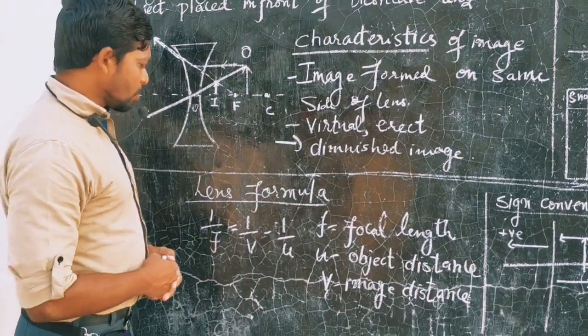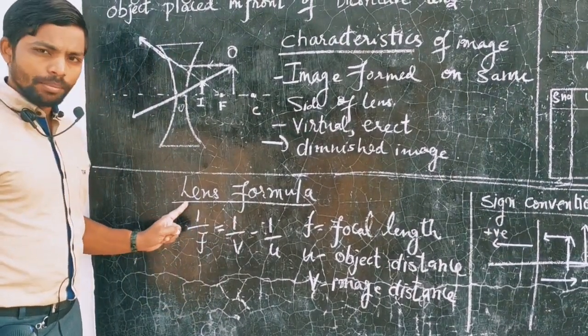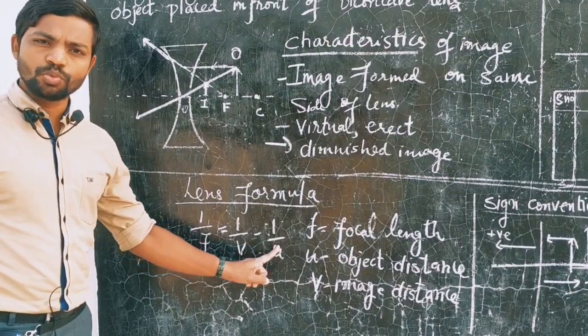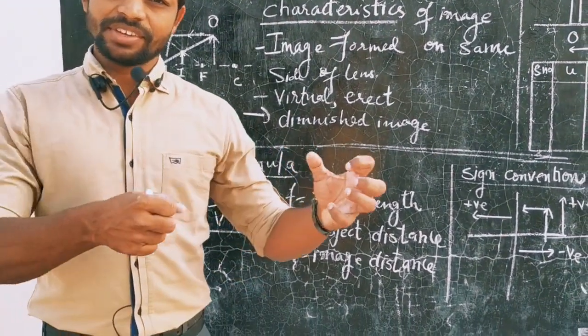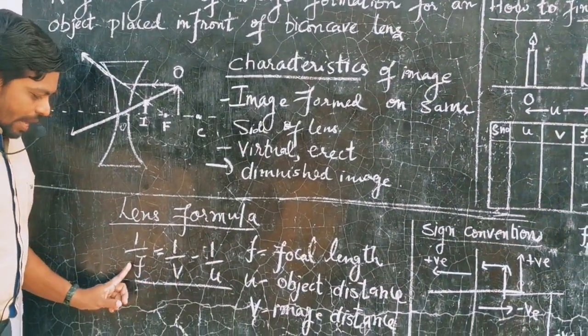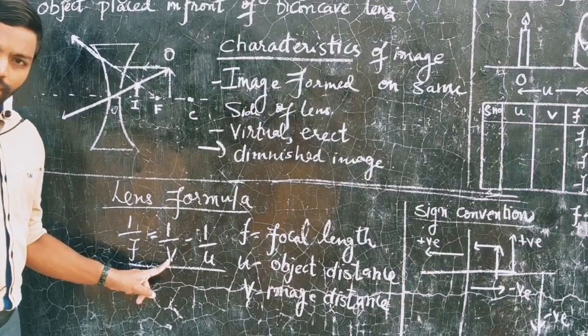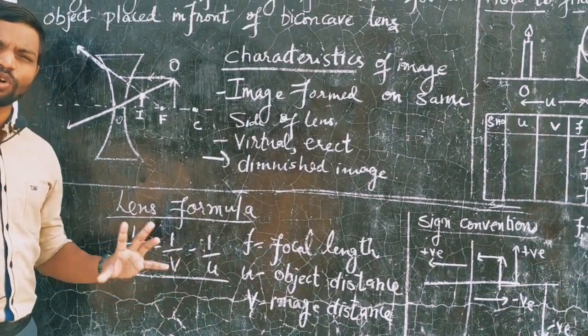Now we'll quickly move on to the lens formula. Lens formula: 1/f = 1/v - 1/u. This is the lens formula. We are not very much interested in the derivation part, it is not there in CBSE, so don't worry. Here f is focal length, v is image distance, u is object distance. The formula is very clear. What does it tell?